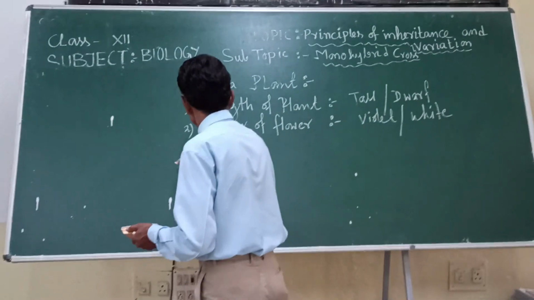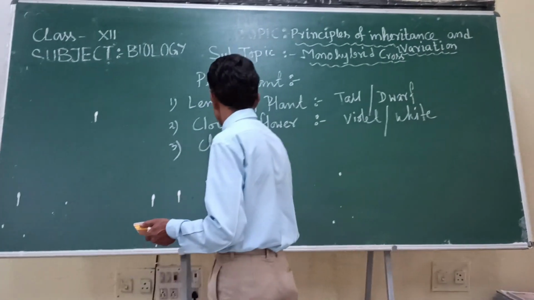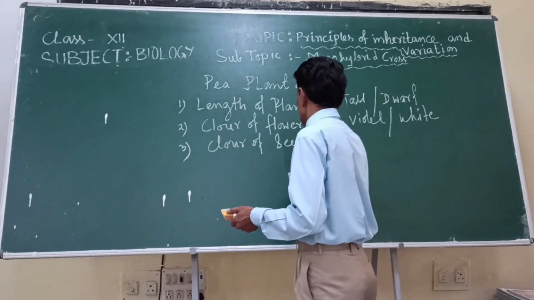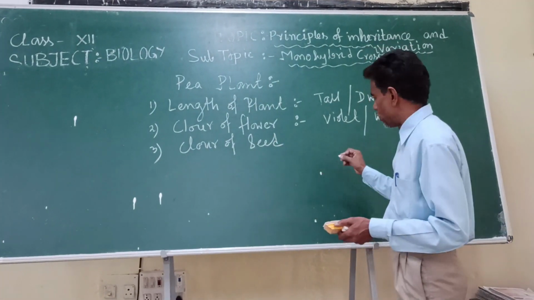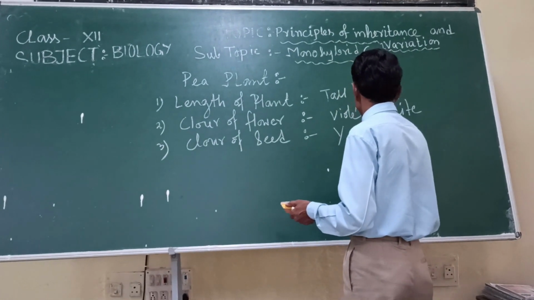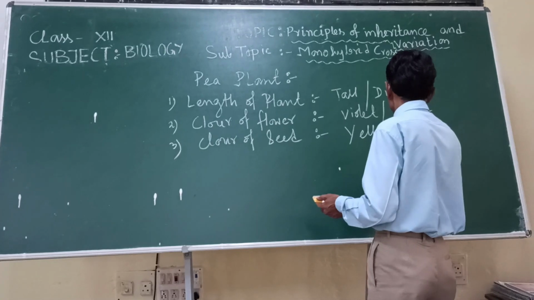Next, color of seed, the seed produced by the pea plant: either yellow or green.